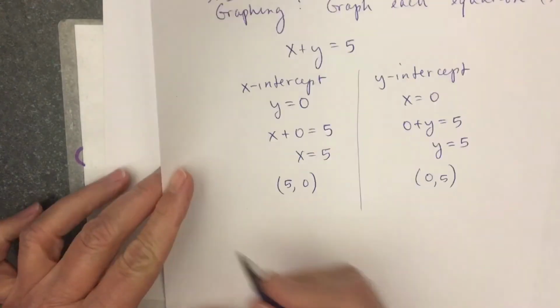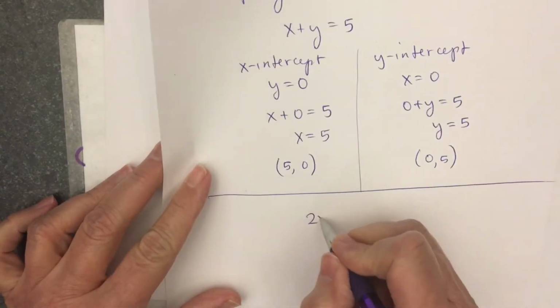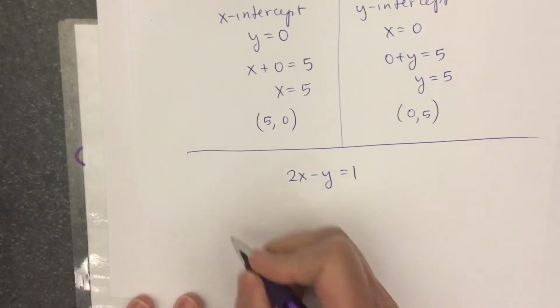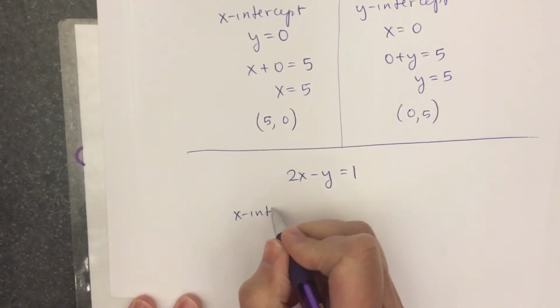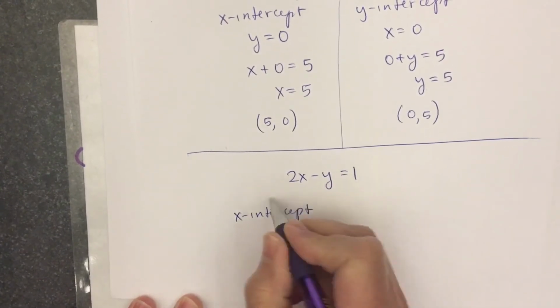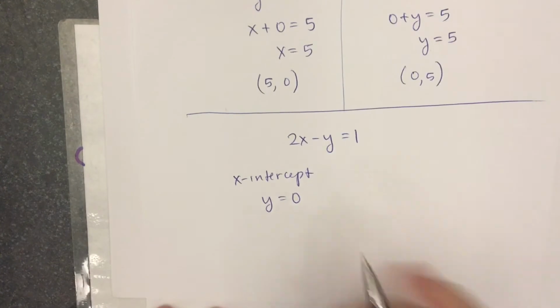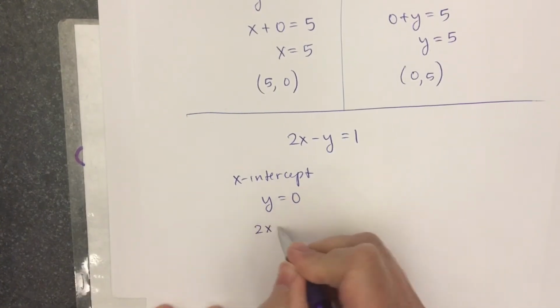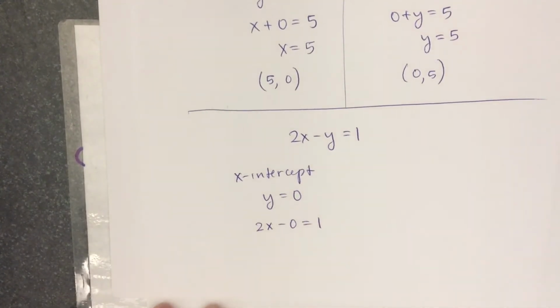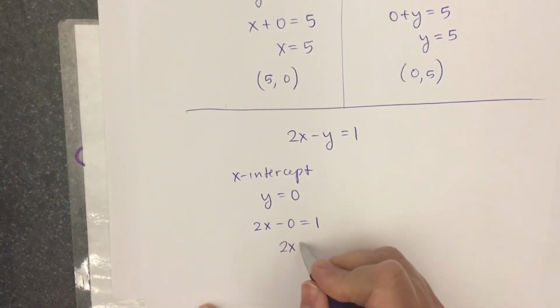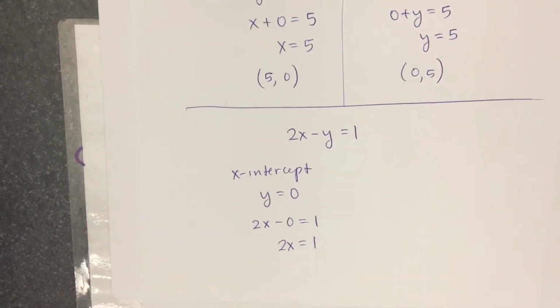The second line, 2x minus y equals 1. So I'm going to look for the x-intercept. For the x-intercept, y equals 0. This will give me 2 times x minus 0 equals 1. 2x minus 0 is 2x, so 2x equals 1.